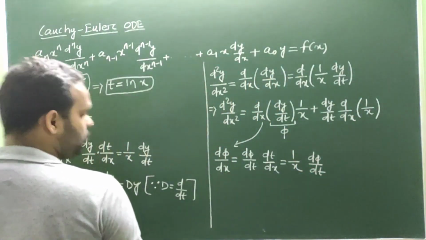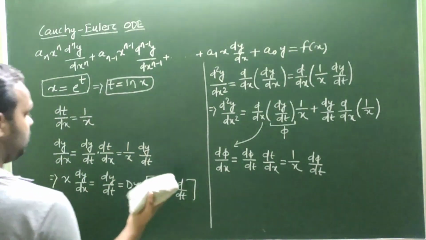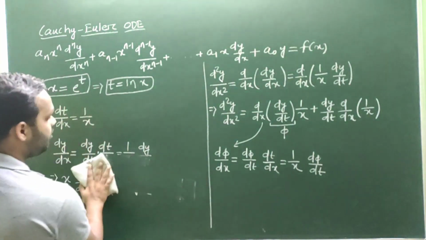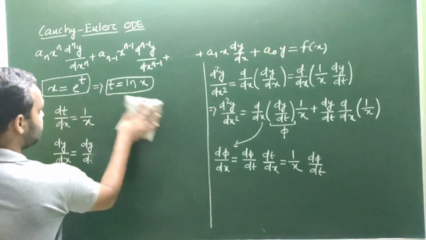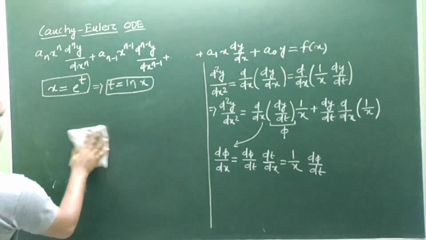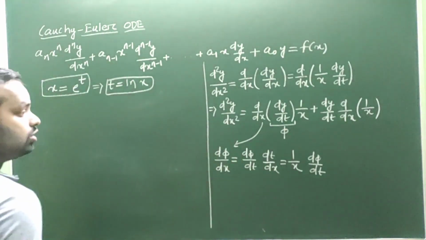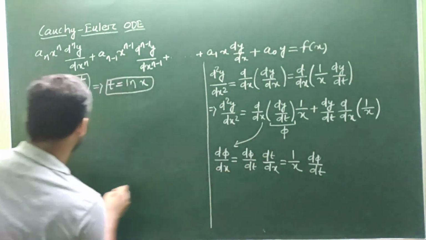Okay, so now let's write down. Keep this in mind: x into d by dx is capital D into y. I will be removing this one. So you have to substitute here.